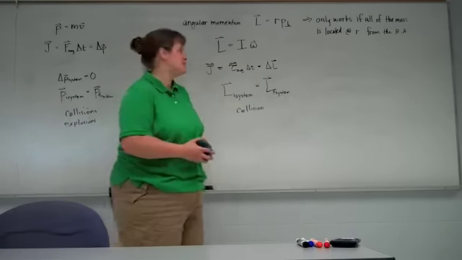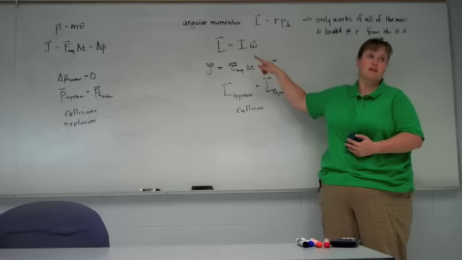But once I am no longer part of the picture, once I let go, the angular momentum he has to stay constant. So as he brings his arms in, he spins faster. As I get smaller, omega has to get bigger in order to conserve angular momentum.